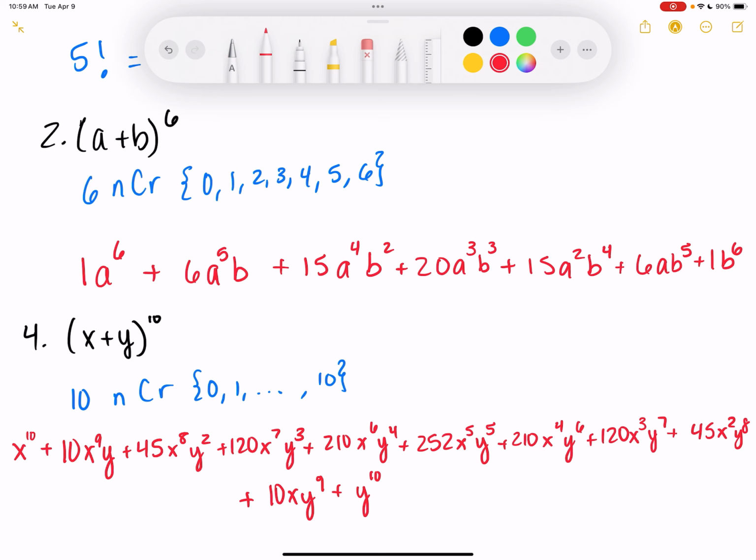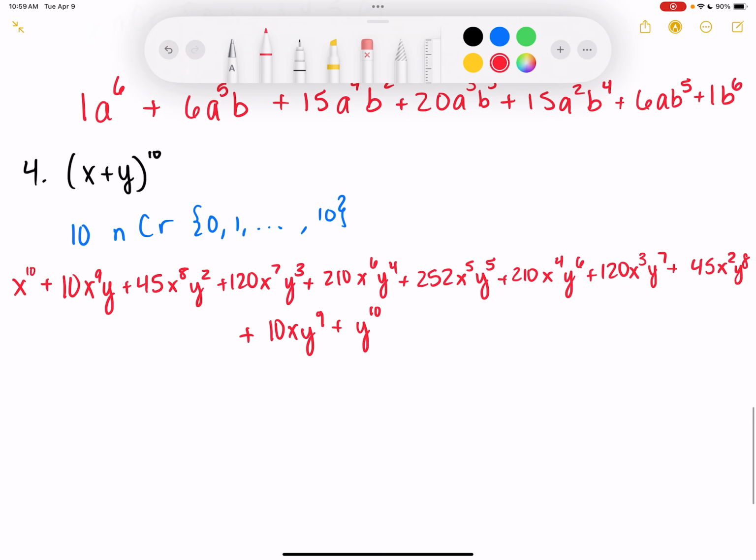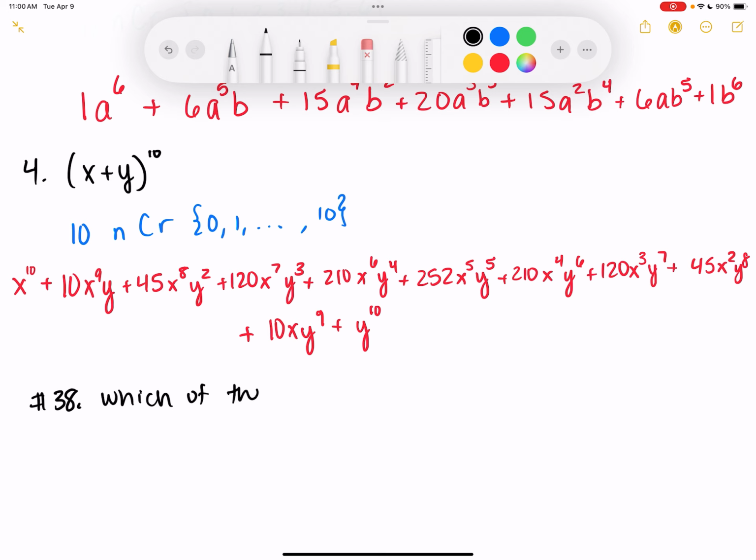So for example, multiple choice question number 38 in the book says, which of the following numbers does not appear on row 10, which would be the one we just did, because that's a power of 10.